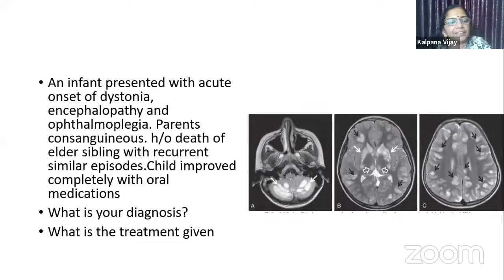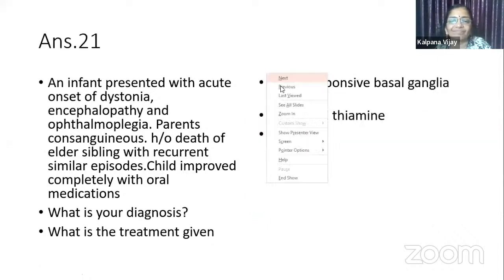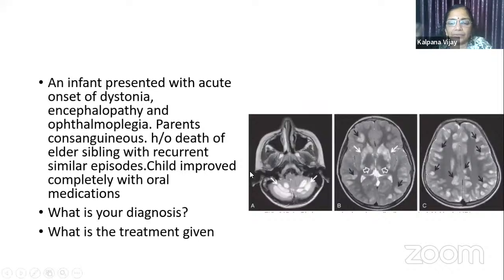This child presented very acutely with dystonia, and there are florid MRI findings that you have to see. Segawa syndrome does not have any MRI findings. It will be a normal MRI and a progressive condition, and the feature will be diurnal fluctuation. This is sudden acute or subacute onset, and it responds very well to treatment with oral drugs, or you can say it responds to some vitamins. So what can it be?